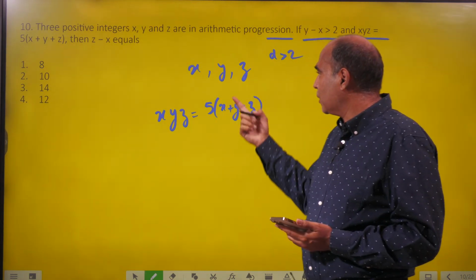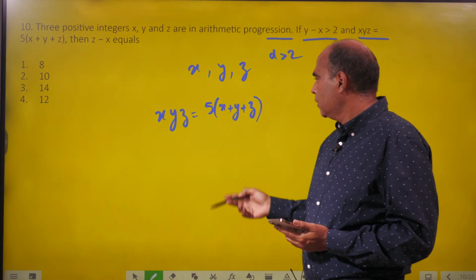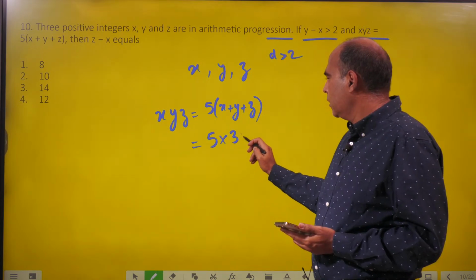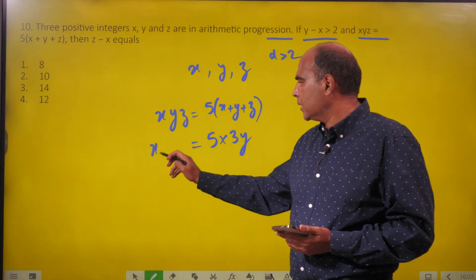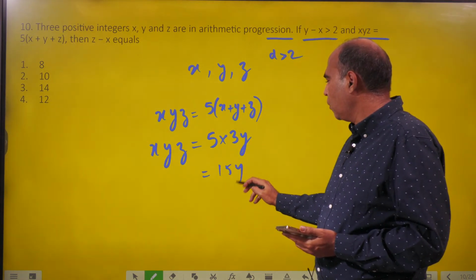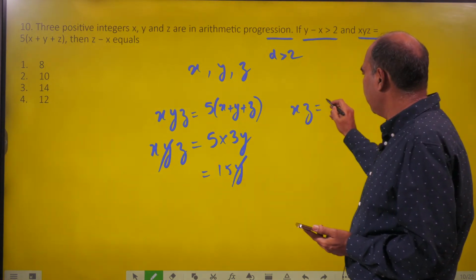Now, if x, y, z are an AP, then x plus z should be equal to 2y. So this expression can be converted to 5 into 3y, and xyz is equal to 15y. Obviously the y will get cancelled, and you get xz is equal to 15.